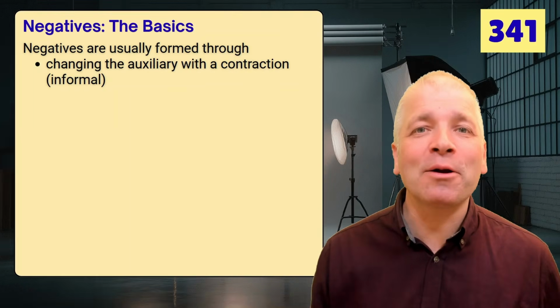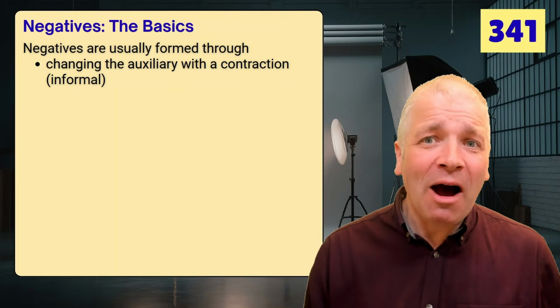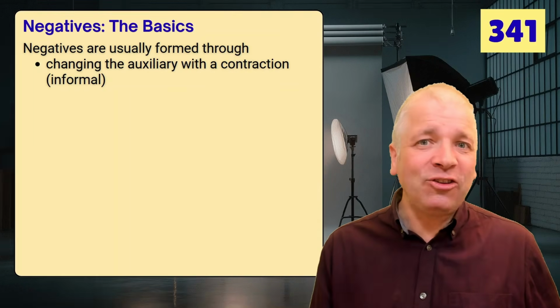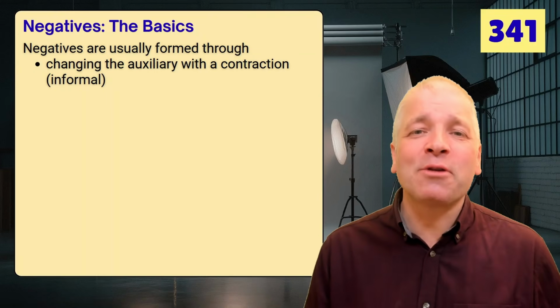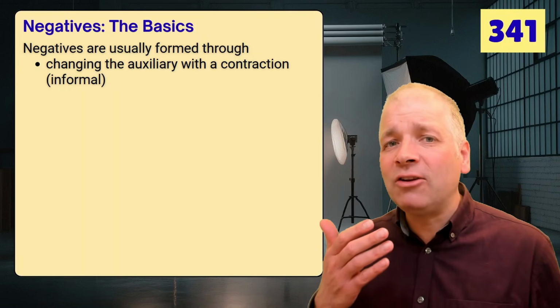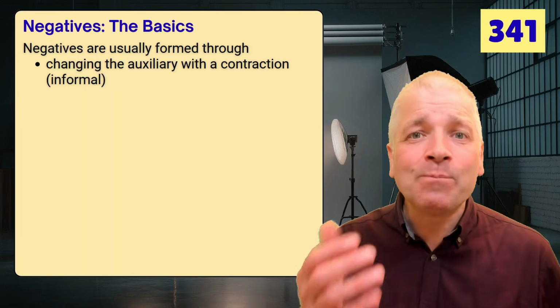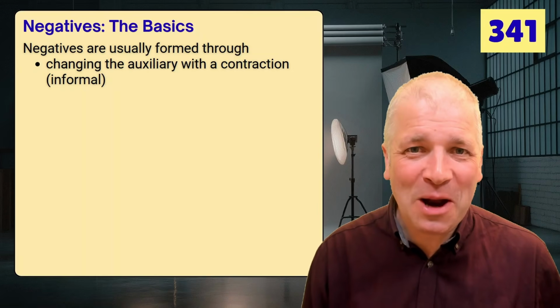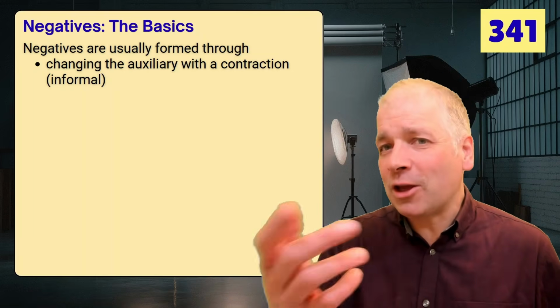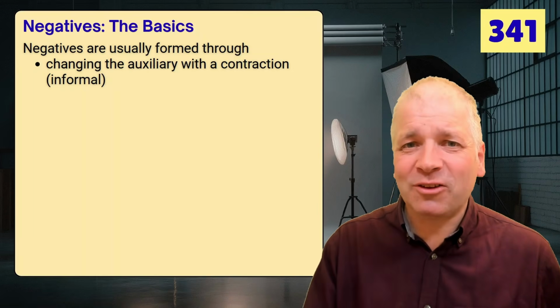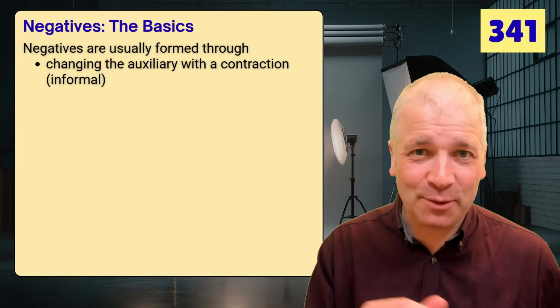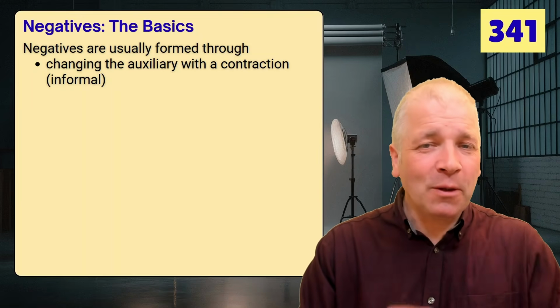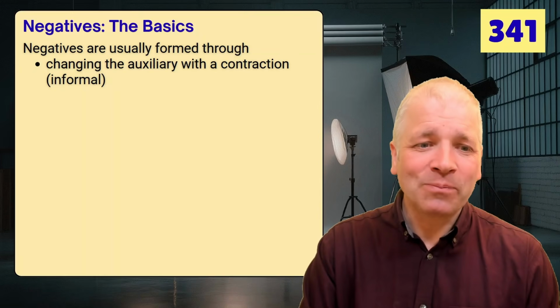As with other parts of this mega video, I also direct you to other videos I've produced on YouTube where I go into all of these rules in more detail with examples. So if you are going through this section of the video and you think I want to know more, then go to the video description and find the link to the videos on negatives, which are linked there. But if you just want the basic rules, here we go.